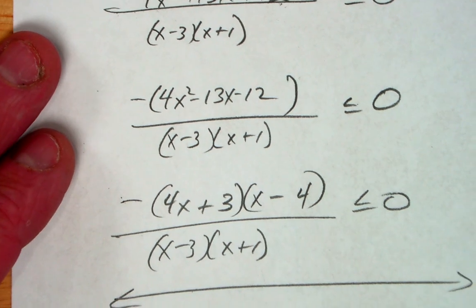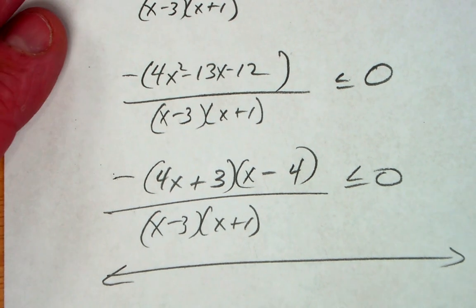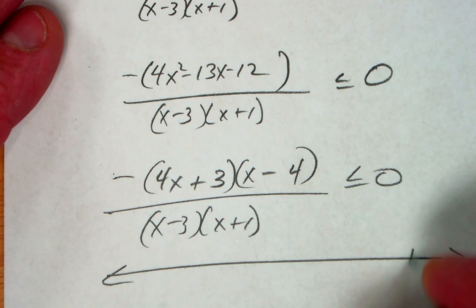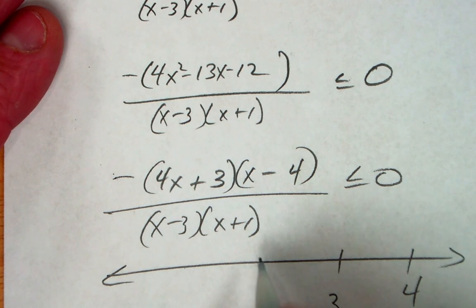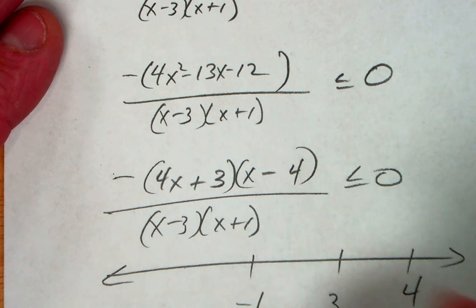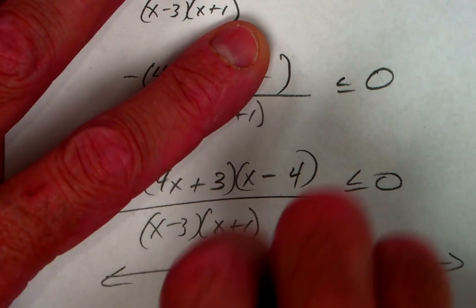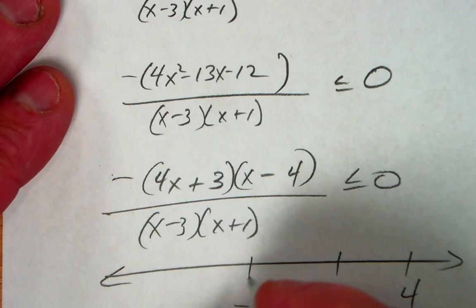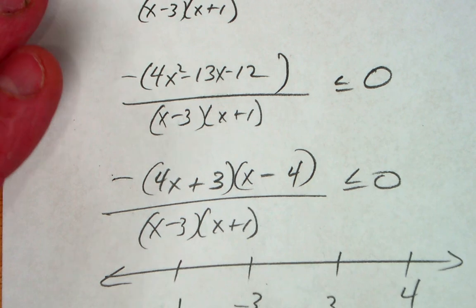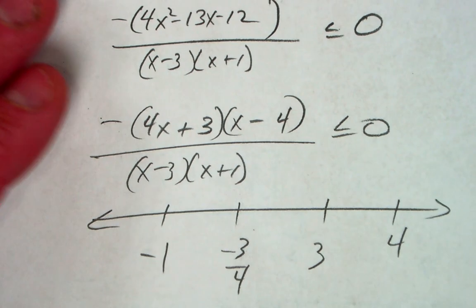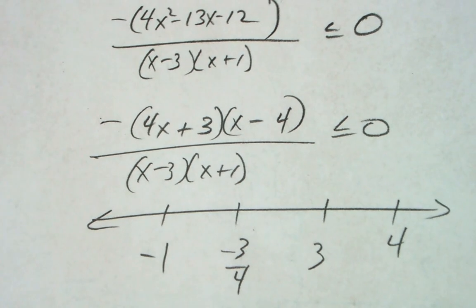Test strip. What's my biggest number? 4. What's my next number? 3. Negative 1. Oh, no. Negative 3/4. Negative 1. That's actually what we were working on in the Algebra 1 interventions class yesterday, putting fractions and stuff in order.